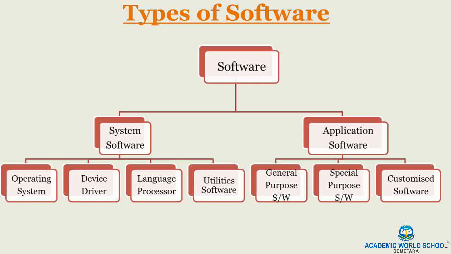There are different software like compiler, interpreter and assembler. The next software is utility software. These software make sure your computer is working smoothly and does not have any type of problem. Antivirus is one such utility software. Next is application software. Application software means the software where users are working.